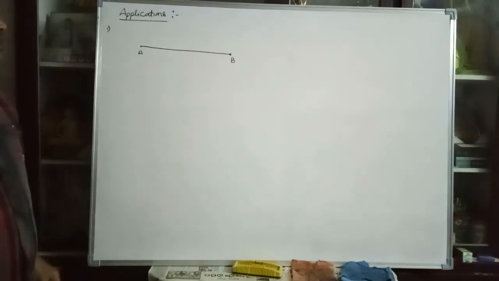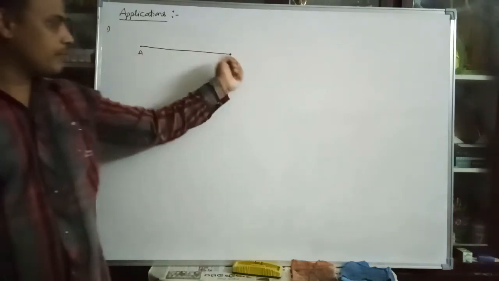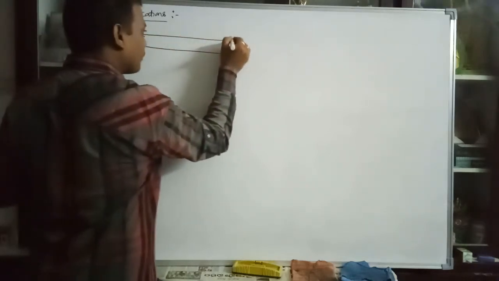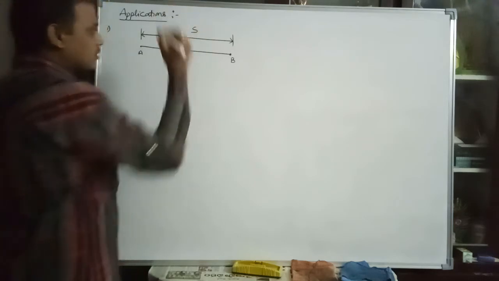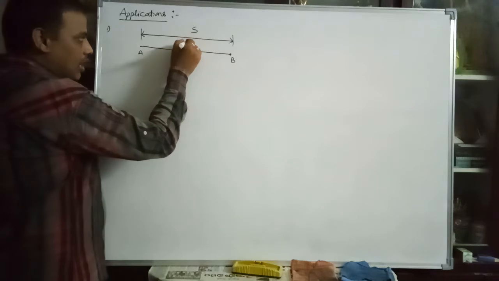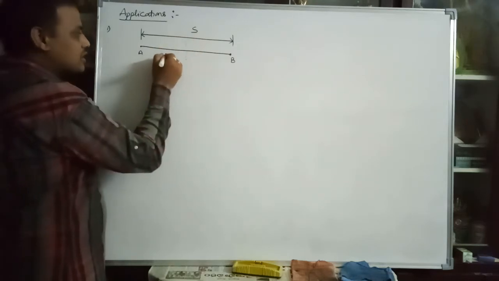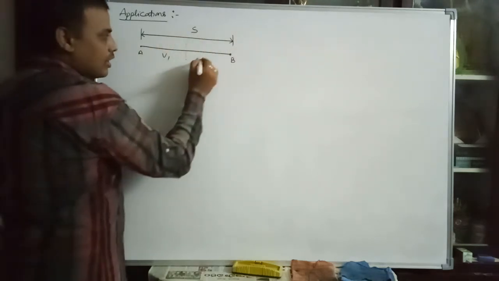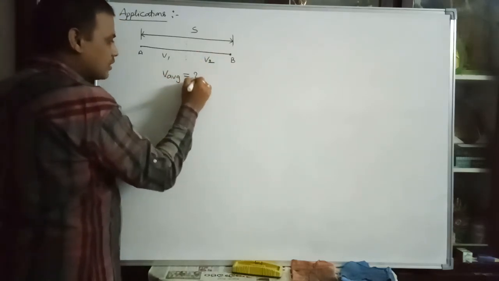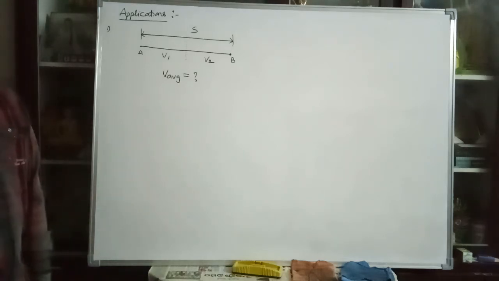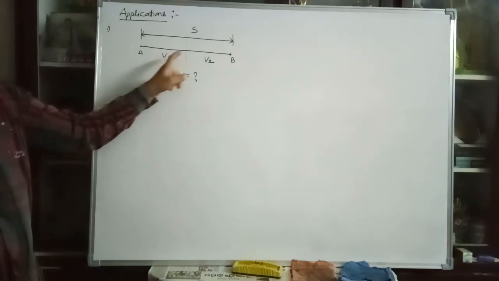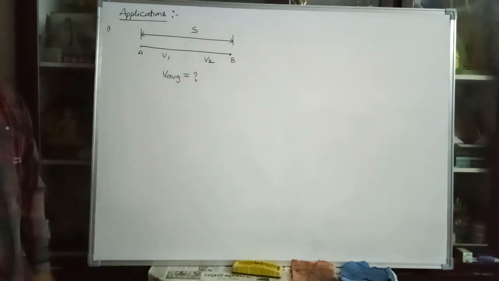According to the initial and final points, the total distance can be taken as S. Application number 1: exactly half of the total distance is covered with speed v1, and the remaining half is covered with speed v2. What is the average speed of the person?